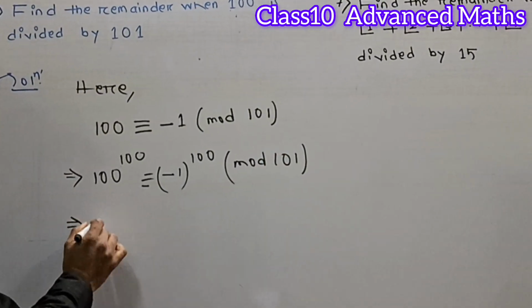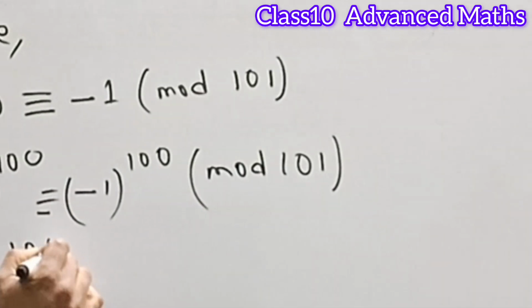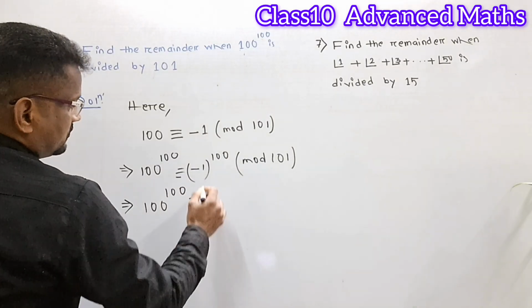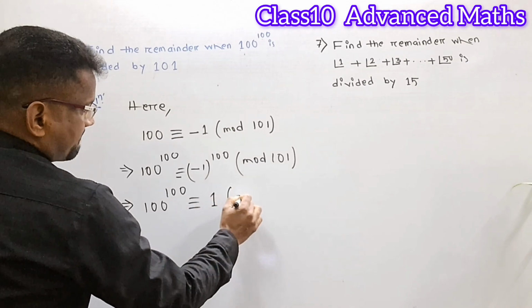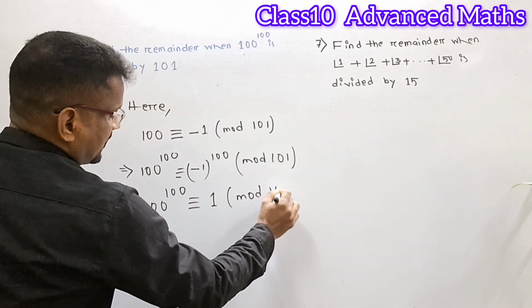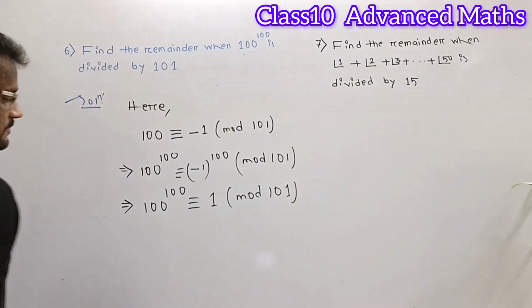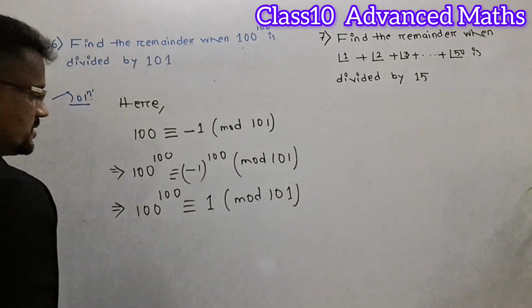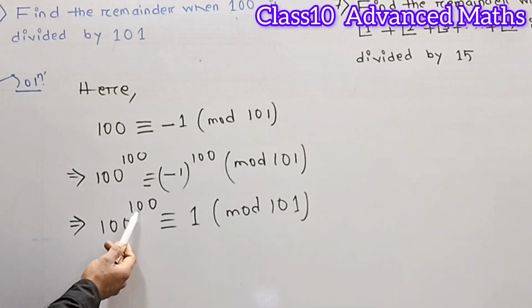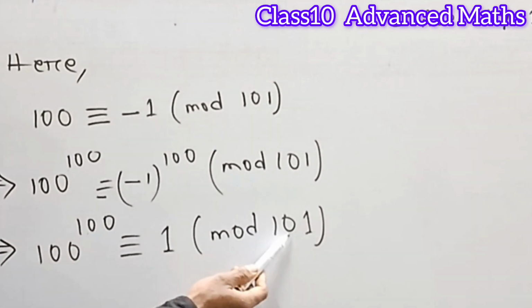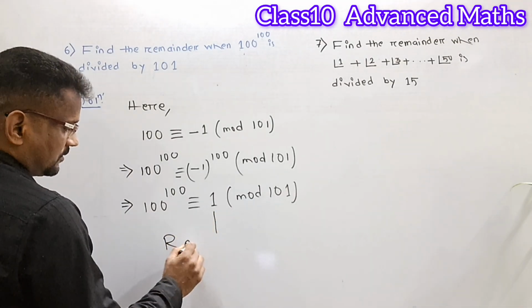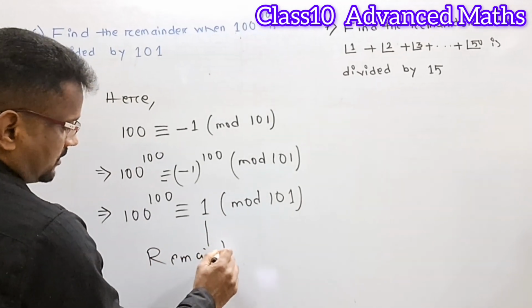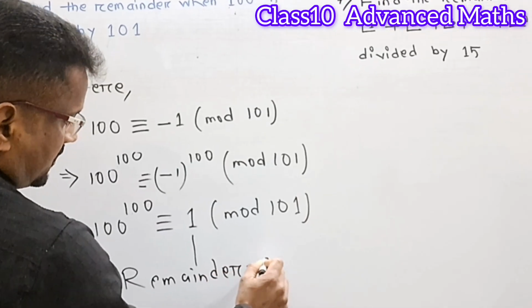This gives 100 power 100 congruent to positive 1 modulo 101, as it is an even power. It means if you divide 100 to the power 100 by 101, your remainder is 1. This is your answer.